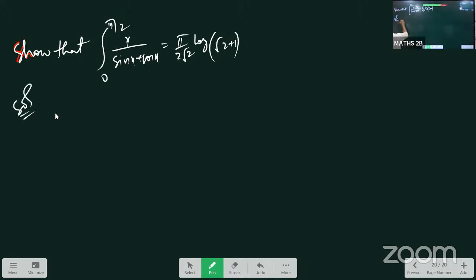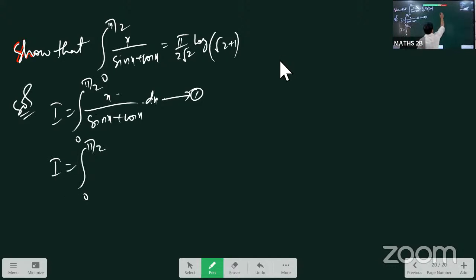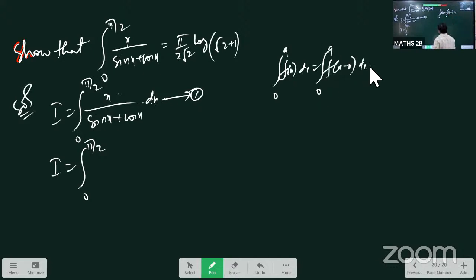Now, let I is equal to the integral from 0 to pi by 2 of x by sin x plus cos x dx. This I am going to put as equation 1. Then I is equal to the integral from 0 to pi by 2. Now the same property I already said: integral 0 to a of f of x dx is integral 0 to a of f of a minus x dx. Yesterday also I told you the same property.